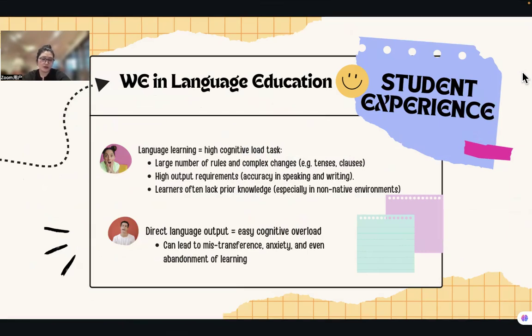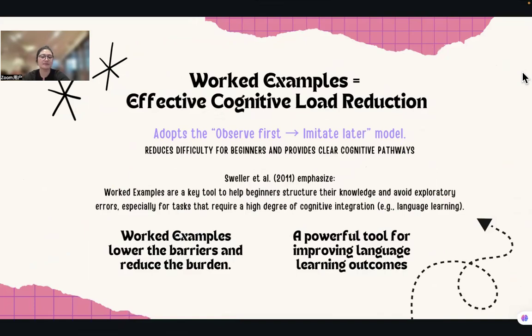Also, learners often have trouble because they are not living in an English environment. So direct language output easily causes cognitive overload, because it can lead to mistransference and anxiety in learning.